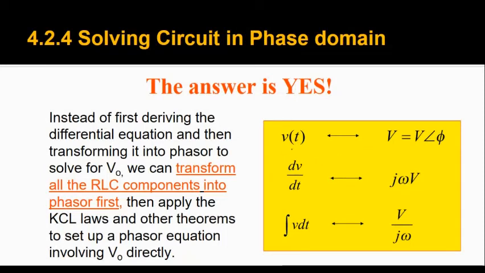So for example, if you have v(t), you transform it into the voltage V. If you have dv/dt, then it becomes j omega V. If you have the integration of v dt, it becomes V over j omega. This is how you transform the RLC components into the phasor domain. Only then can we apply circuit analysis to the circuit.